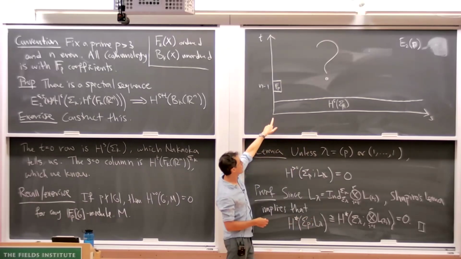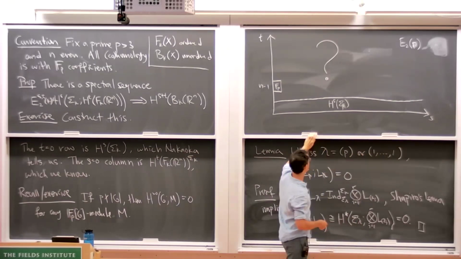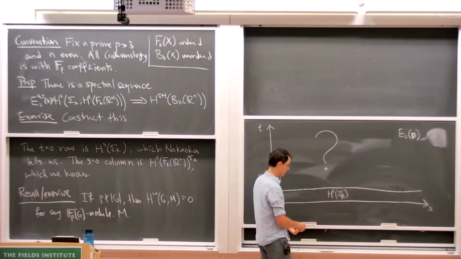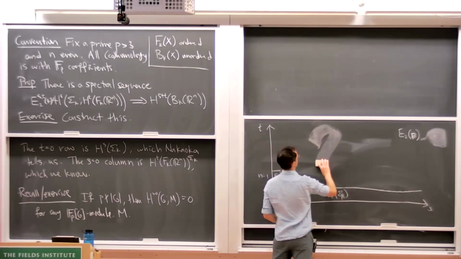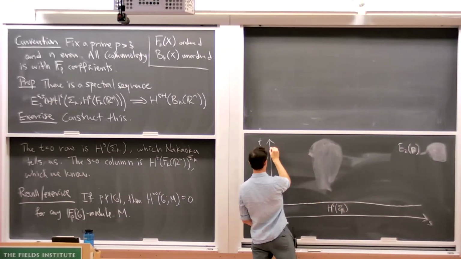Cool. So what that means is we can update our picture. The partition 1, 1, 1, 1, 1, 1, 1 is this bottom row. And so there's only one other thing that could possibly be non-zero. We don't actually know right now that it is non-zero, but it could be, which is the top row up here.